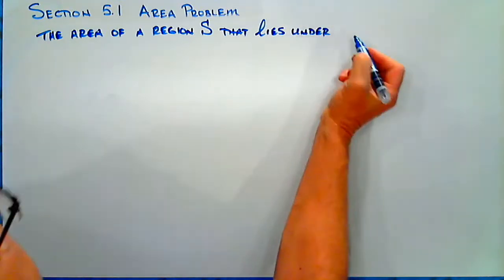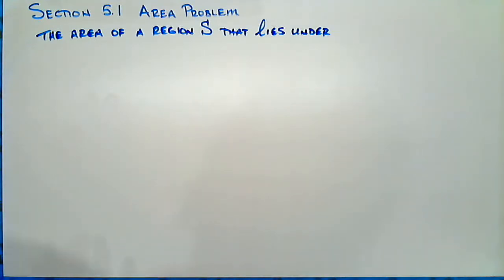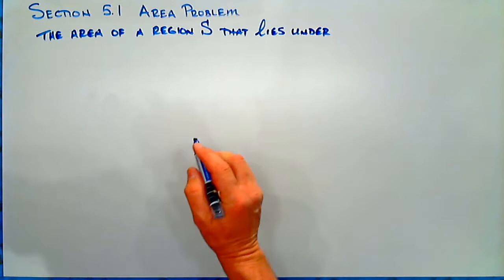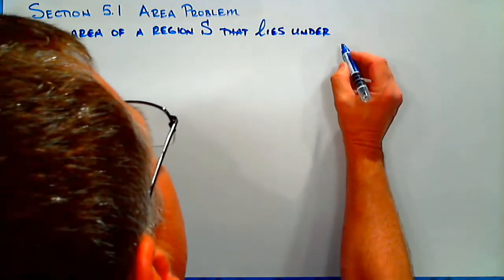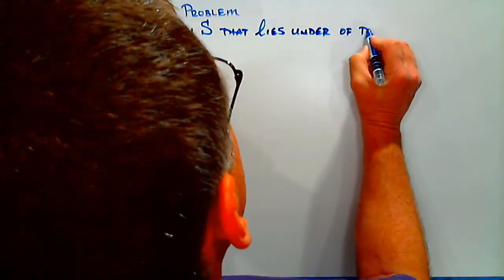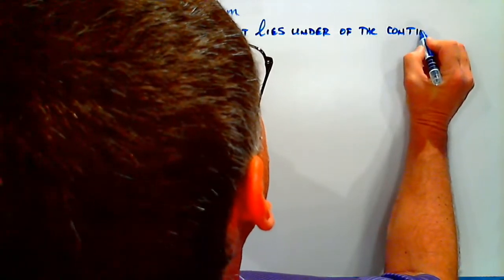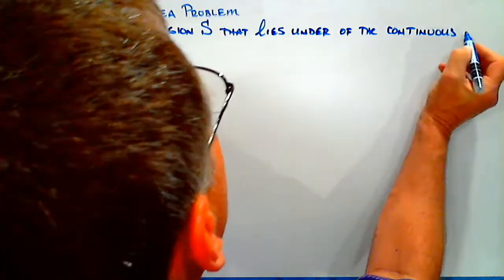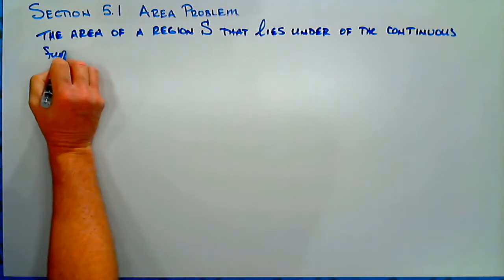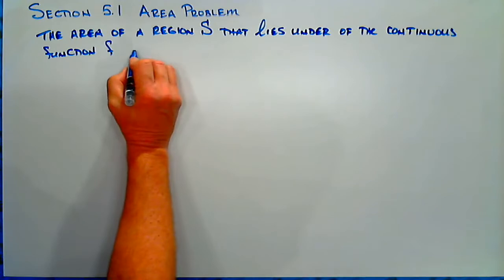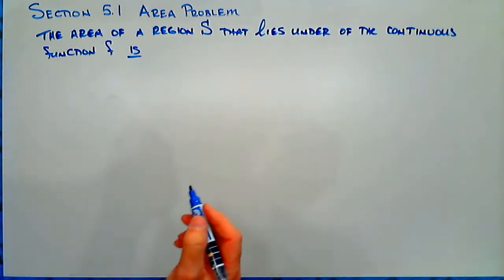And remember, we'll talk about what happens if the graph is below the x-axis later. Right now we're going to assume all of our graphs are above the x-axis. Lies under the graph of the continuous function f is, what is this area?